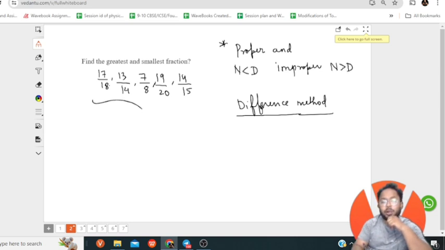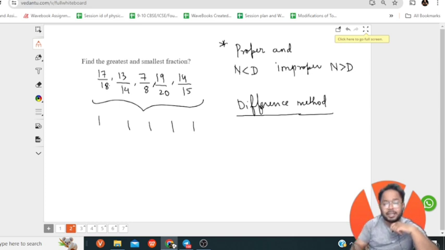So first we have to look at whether all the fractions given to us are proper or improper. That is one thing we have to keep in mind. Let's say we see 17 by 18, 13 by 14, 7 by 8, 19 by 20, 14 by 15: all are proper. And the difference we find is 17, 18, 1; 13, 14, 1; 7, 8, 1; 19, 20, 1; 14, 15, 1.